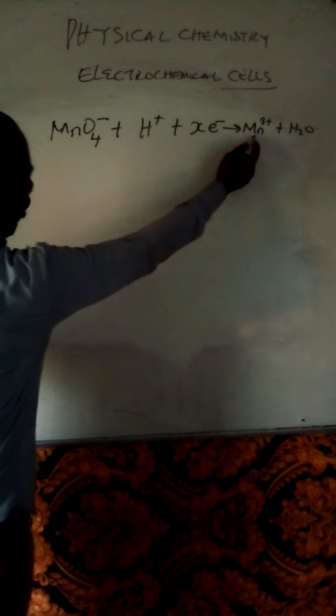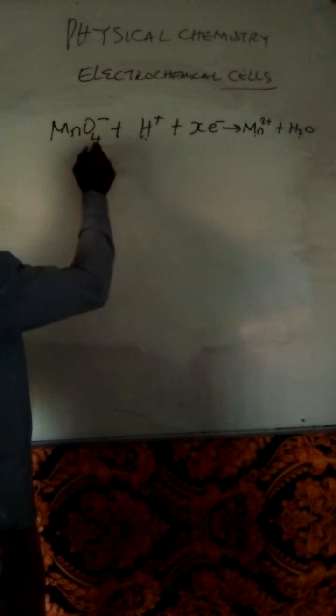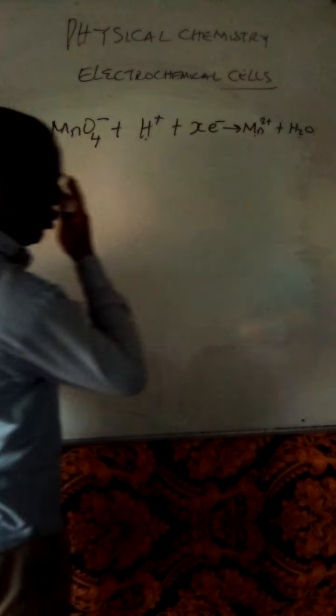We make sure that the atoms are balanced first. We say that manganese is 1 atom here, 1 atom there, balanced. Hydrogen is 2 atoms this side, 1 not balanced. Oxygen is 4 atoms here, 1 here, not balanced. So we have to balance the atoms first.